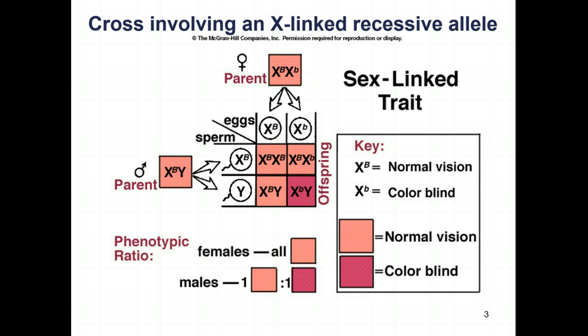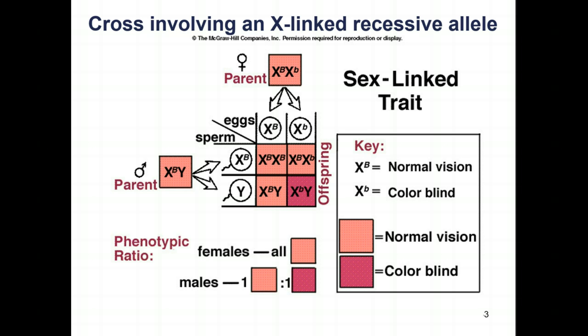So colorblind daughters can arise if the man passes the colorblind allele to his daughter, and colorblind sons can arise if the woman passes a colorblind allele to her sons.